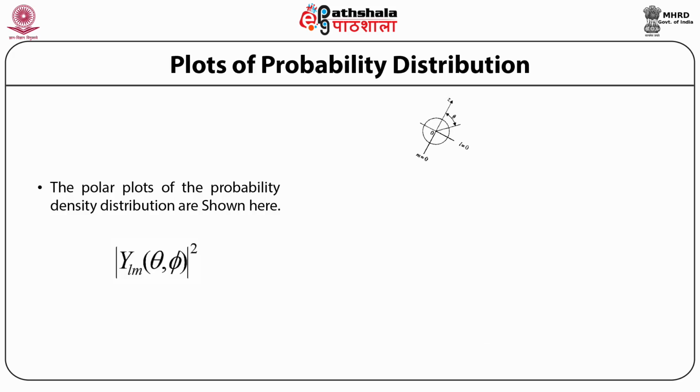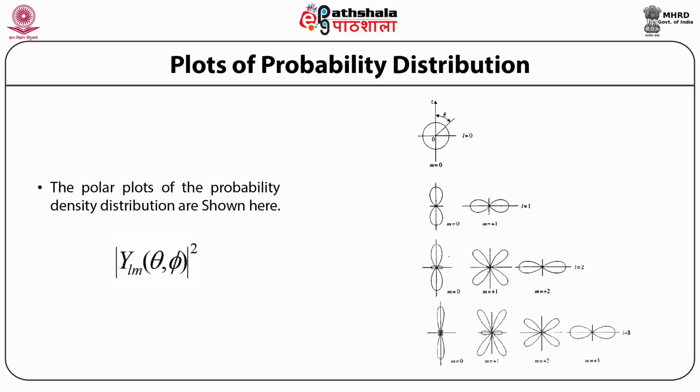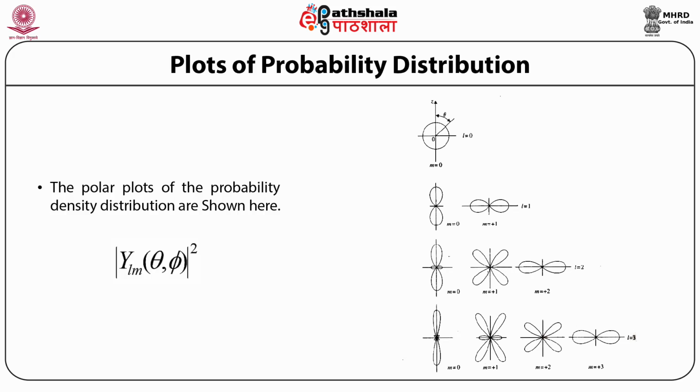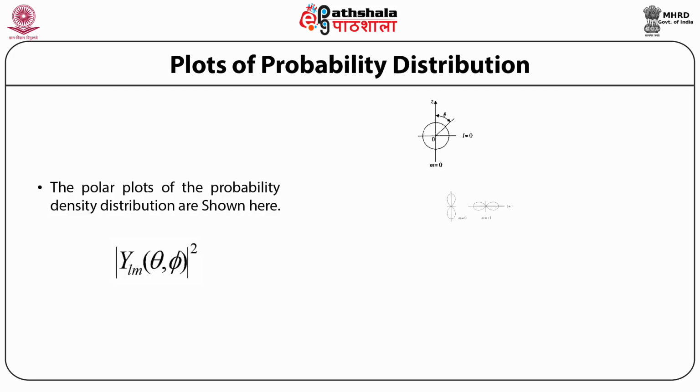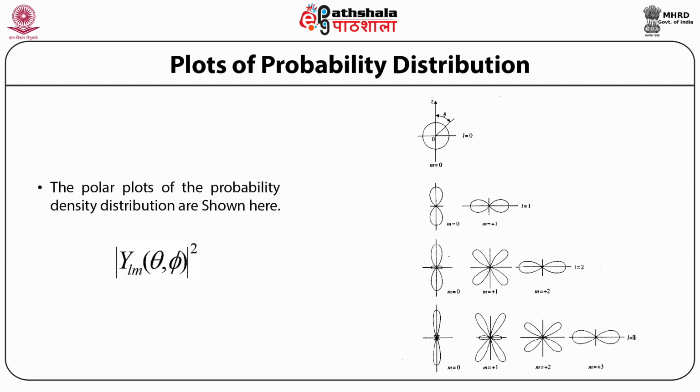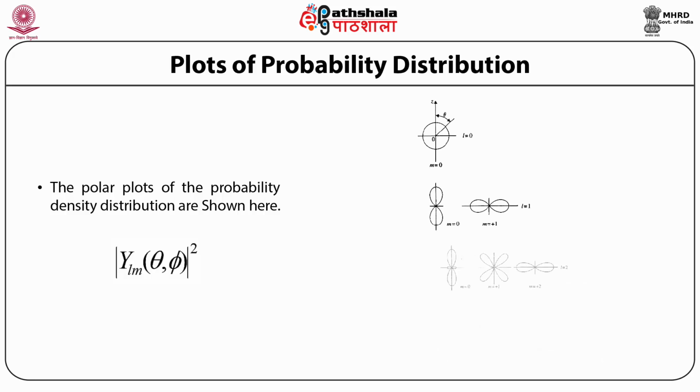The second plot denotes two cases corresponding to L equal to 1. For L equal to 1, m can be equal to 0 or plus minus 1. Here we have considered m equal to plus 1.